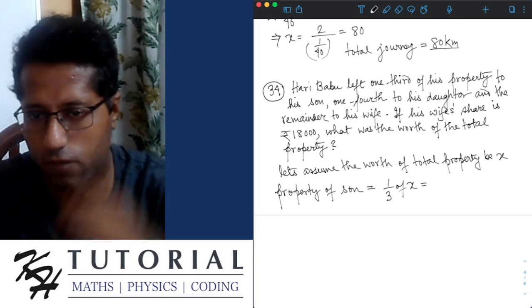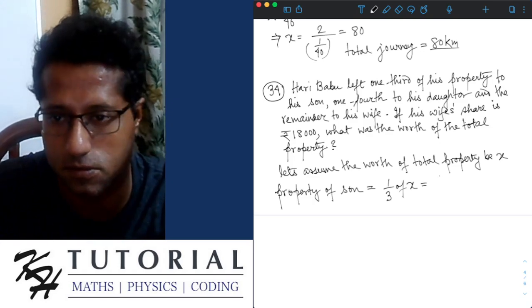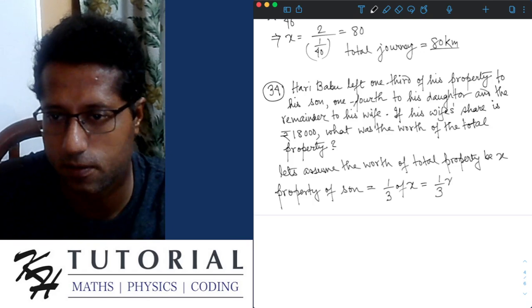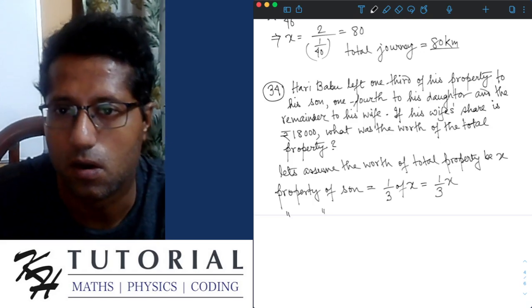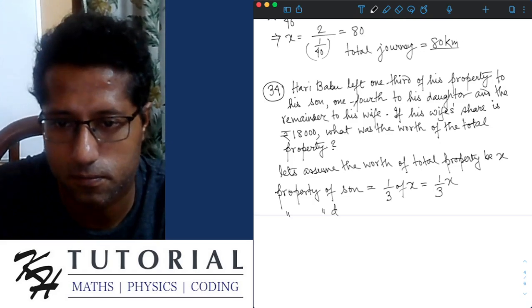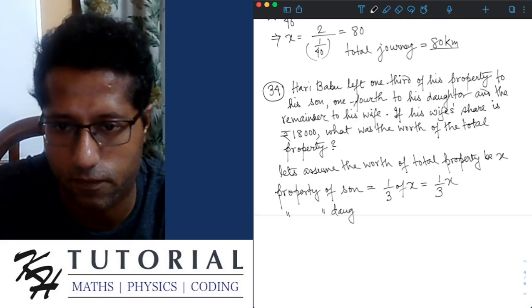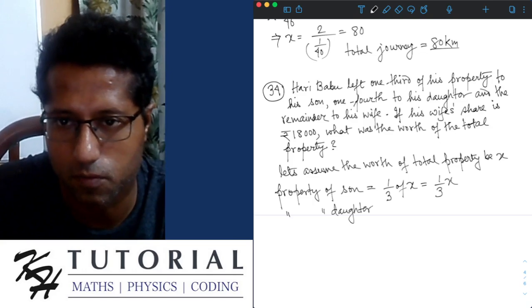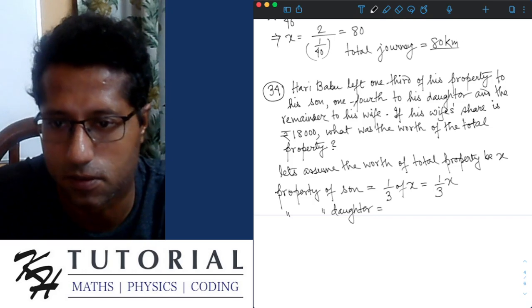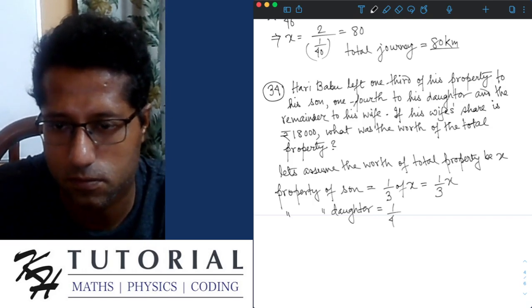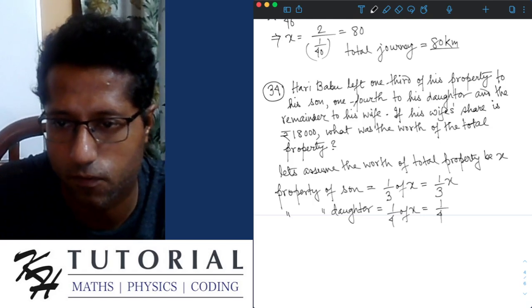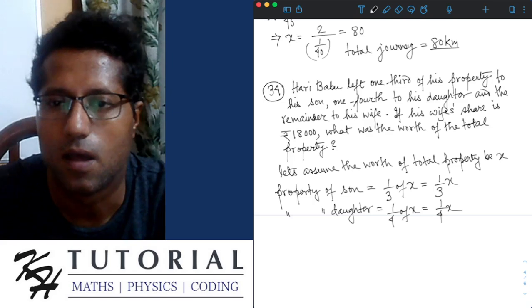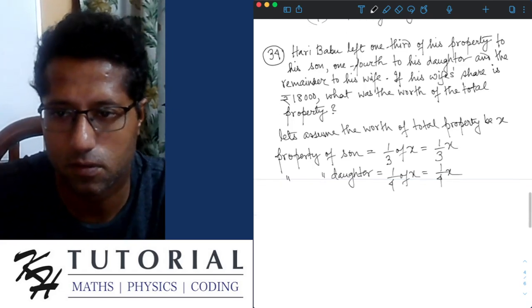Here 'of' is an operator, so it is multiplication, this is 1/3 x. Similarly, property of daughter is given to be 1/4 of the property, so 1/4 of x, that is 1/4 x, and the remainder to his wife.